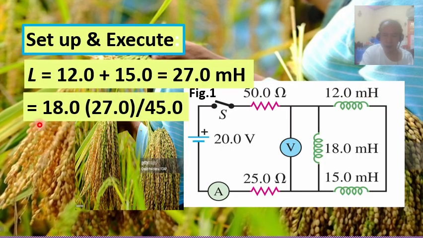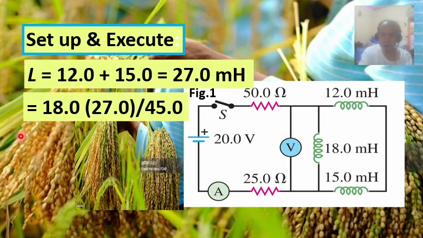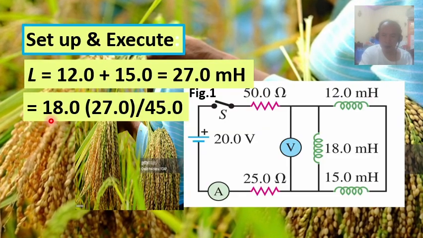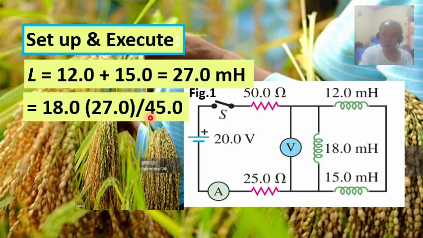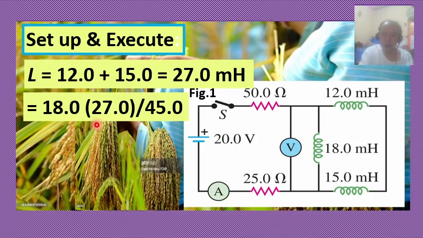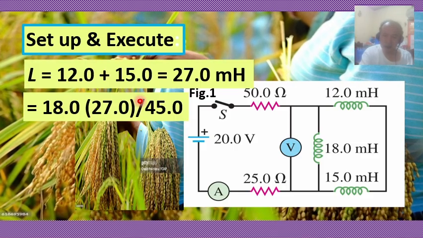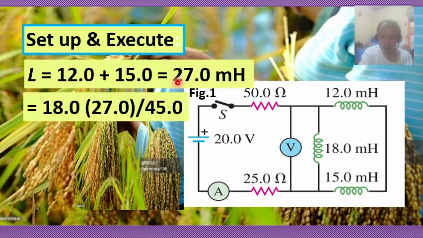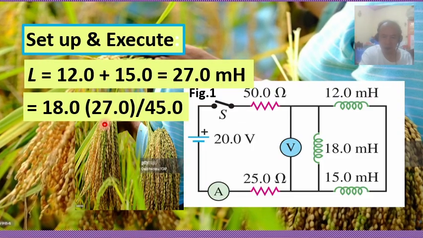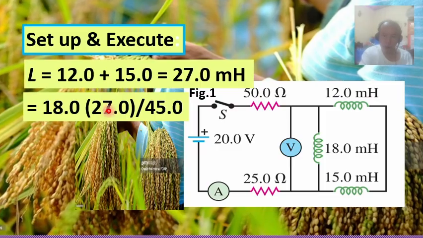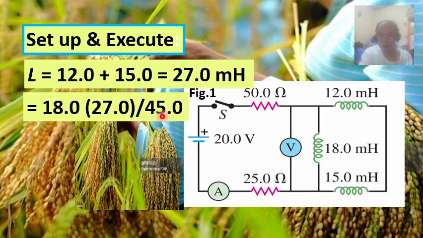That is the total inductance, capital L, is equal to the product of the 18.0 millihenry inductance and the combined inductance 27.0 millihenry. So we multiply this and then divide by their sum.